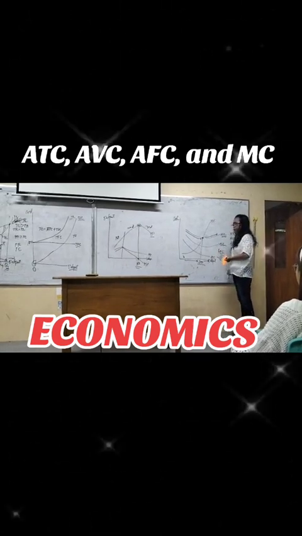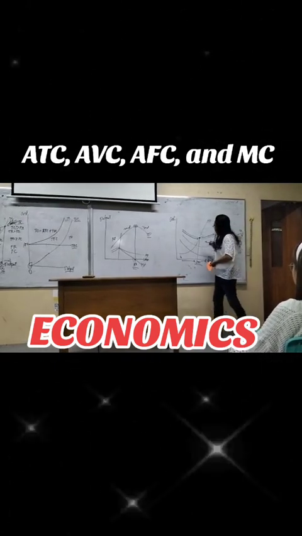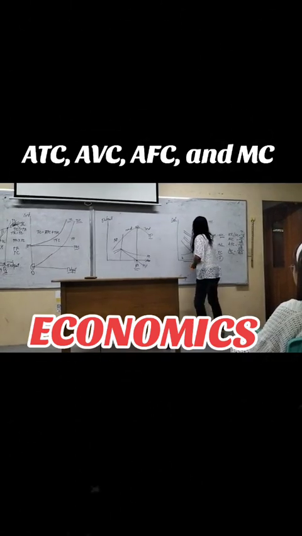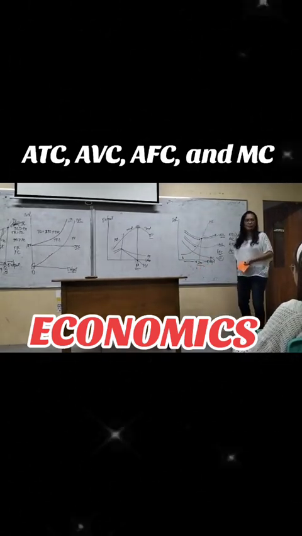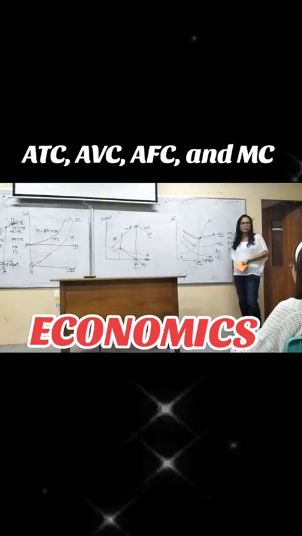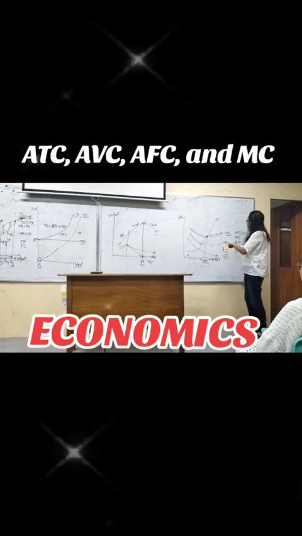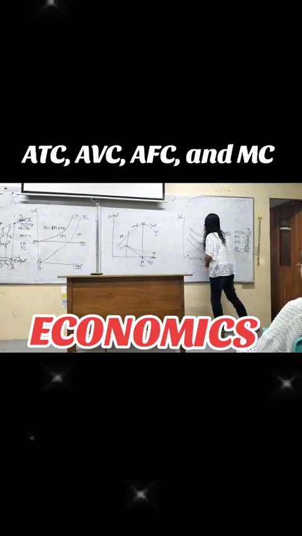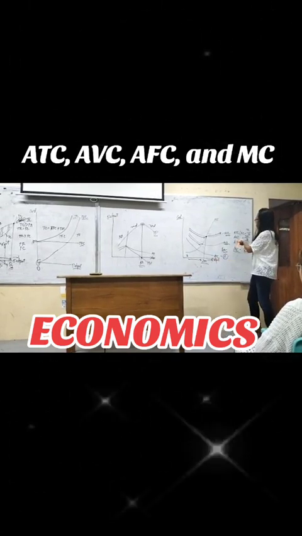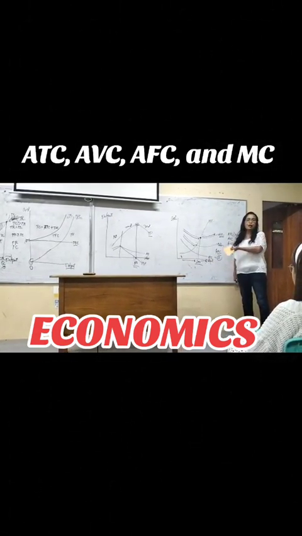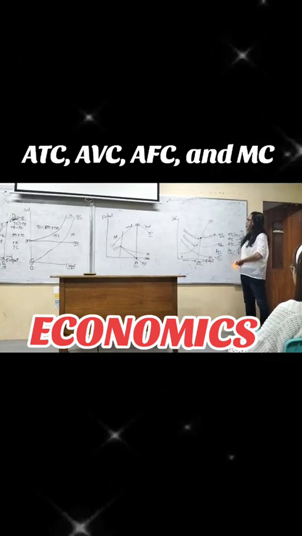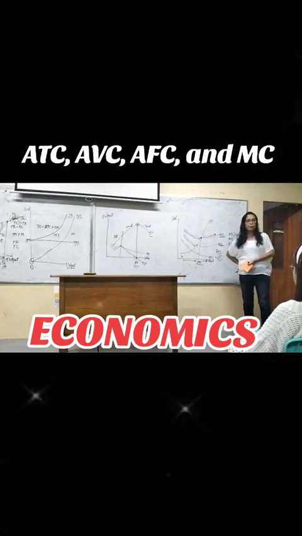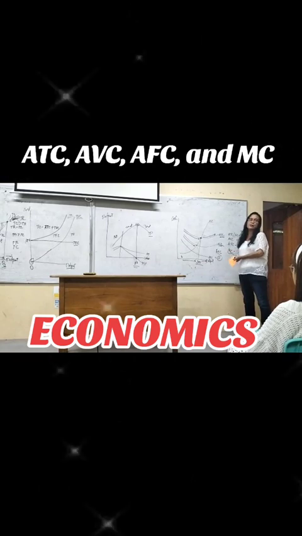That is also true for our variable cost. Our variable cost will decrease at first. But when it reaches the point where you achieve the lowest point of average variable cost, then that is the minimum cost for average variable cost.